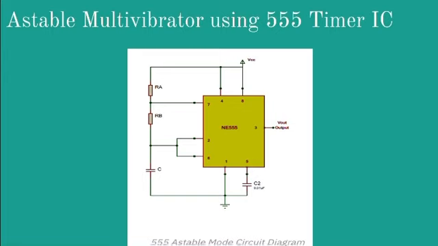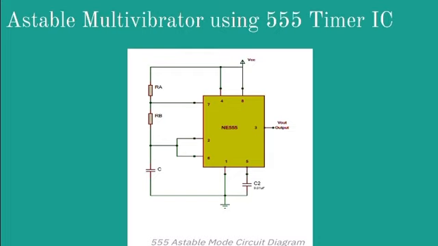Pin 2 and pin 6 are shorted and then connected to ground through the capacitor C. Pin 7 is connected to the supply plus VCC through a resistor RA, and between pin 6 and pin 7, a resistor RB is connected. At pin 5, either a bypass capacitor of 0.01 is connected or a modulation input is applied.